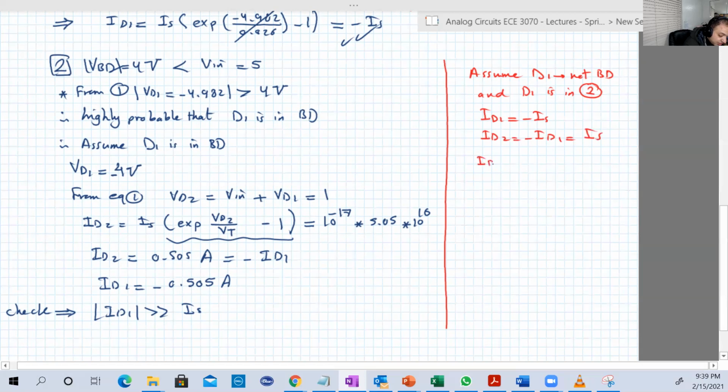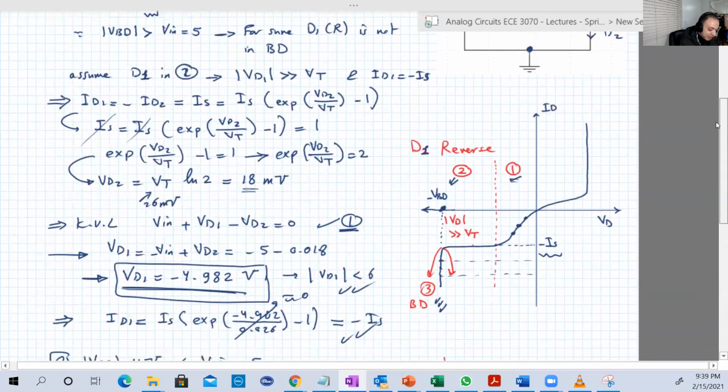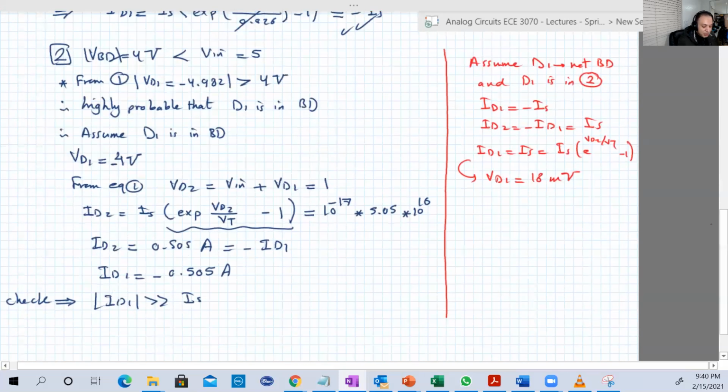So IS equals IS times e to the power VD2 over VT minus 1. So from that, VD2 will be equal to 18 millivolt, because this is basically what we have done in the first one. Okay, I'm just repeating it. So sorry, this is D2, here is 2, and here is 2. I'm very sorry for this.